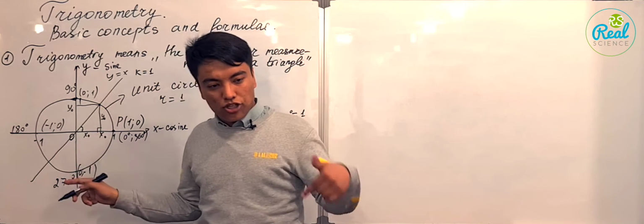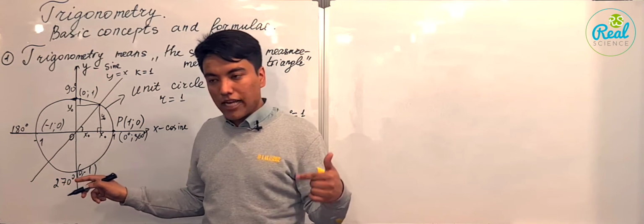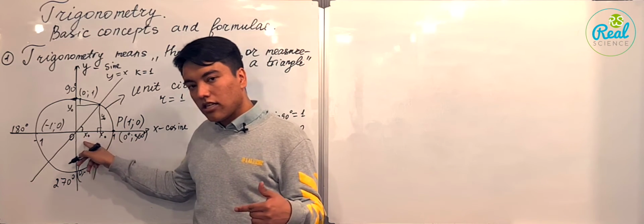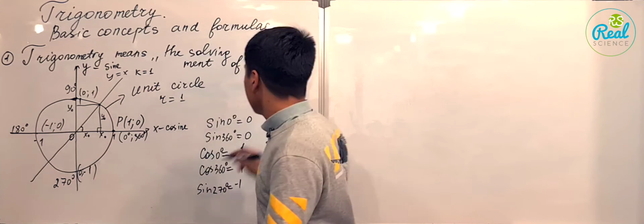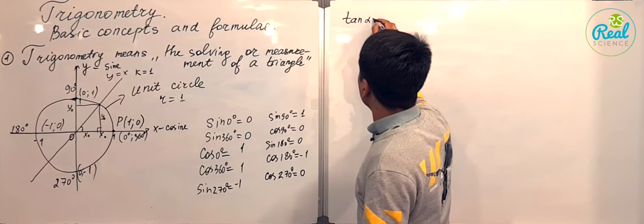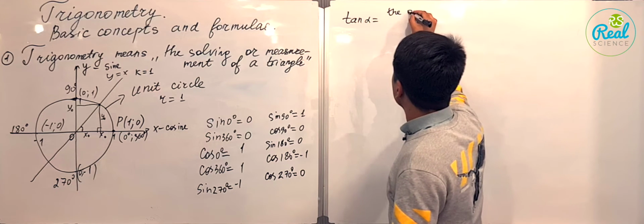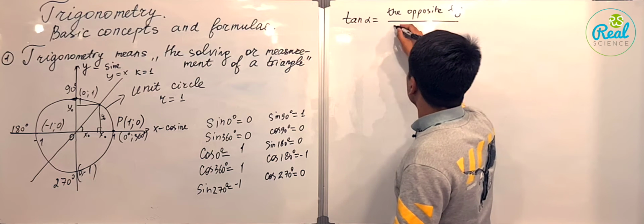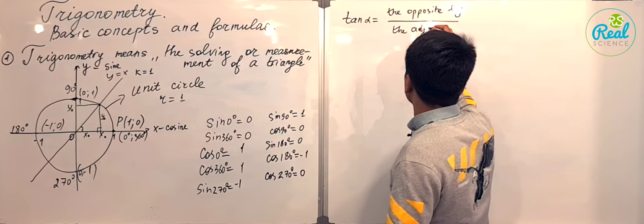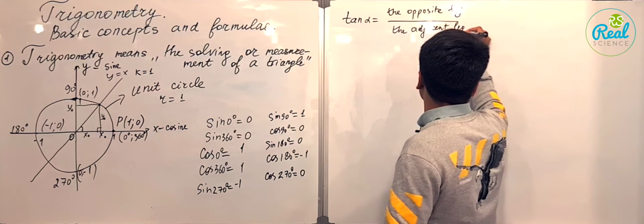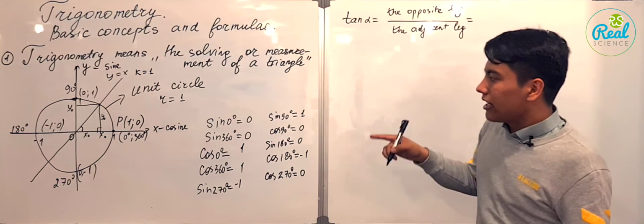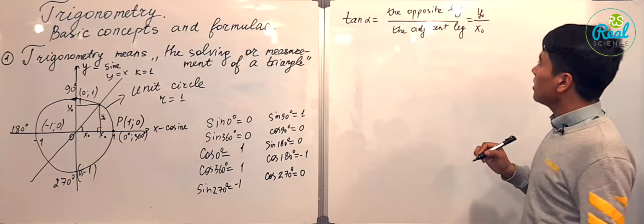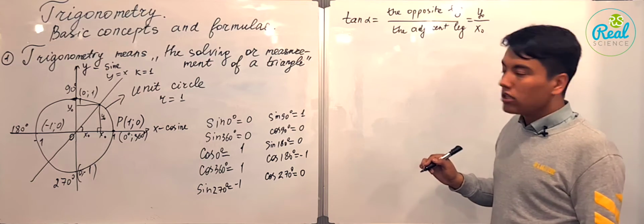According to the geometrical interpretation of tangent, tangent alpha is the opposite leg over the adjacent leg. The opposite leg here is y0, and the adjacent leg is x0.